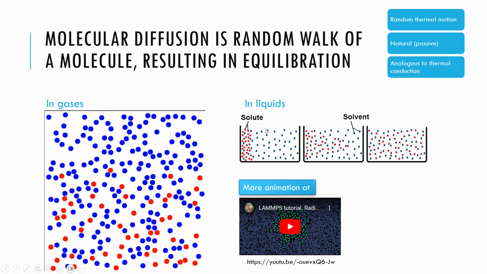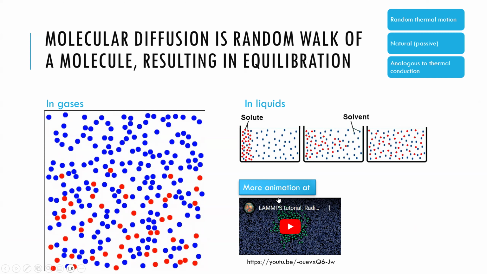You can have other molecular diffusion. For example, here you put some solute. Let's say you put some salt or sugar molecules, then they get into the solution and then they diffuse into the solution. So you see the reds are diffusing into the blue. And if you give it long time, then this is going to be the final equilibrated solution.